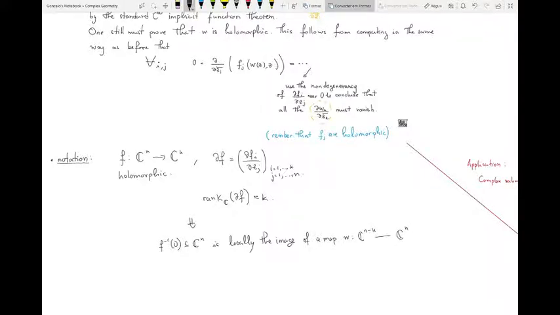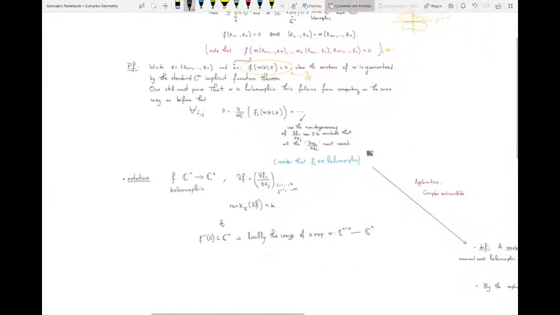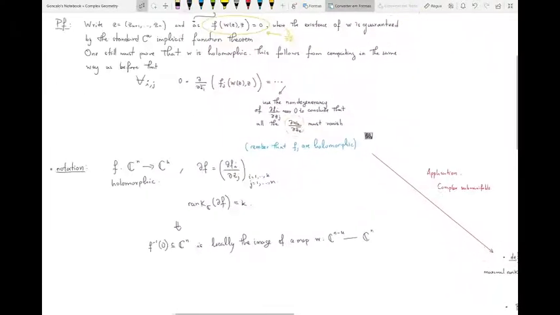Okay, so that's what this means. And this map is holomorphic, of course.